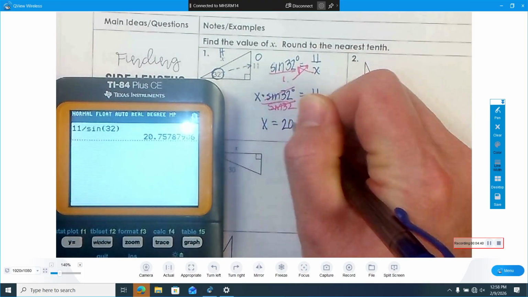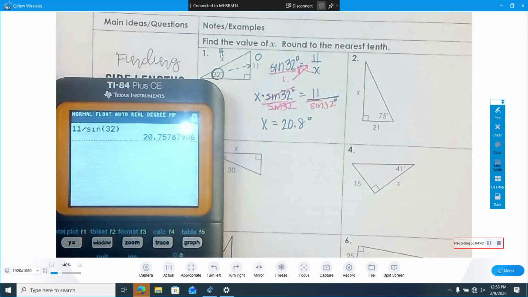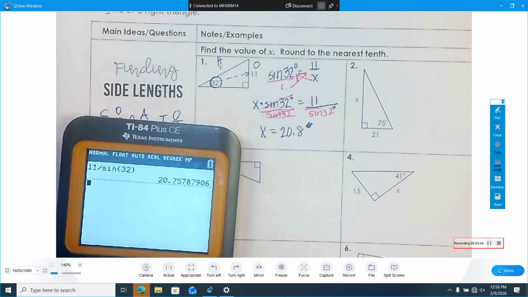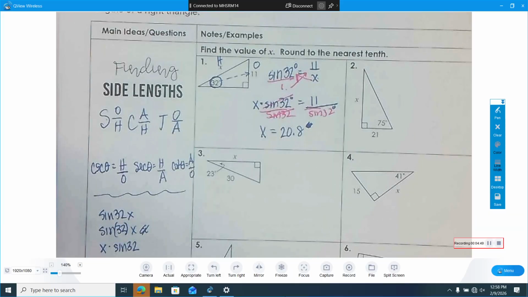So we get 20.8 units here, whatever length unit we have. Be careful in Delta Math. They say round to the hundredth, or round to the tenth, or round to the nearest degree, or nearest whole centimeter, or nearest inch, in which case we want the whole number, not the decimal portion. We want the whole thing.